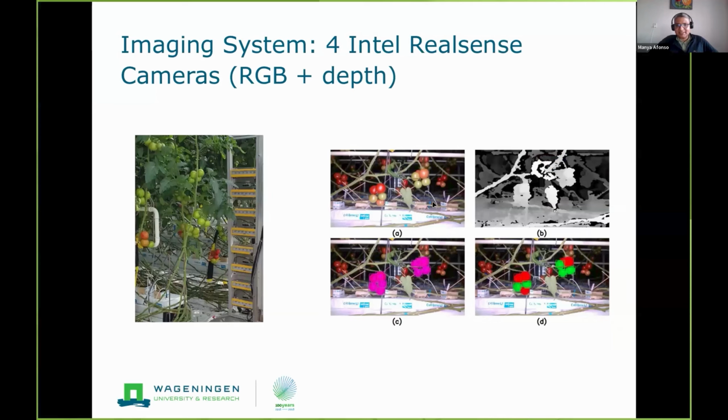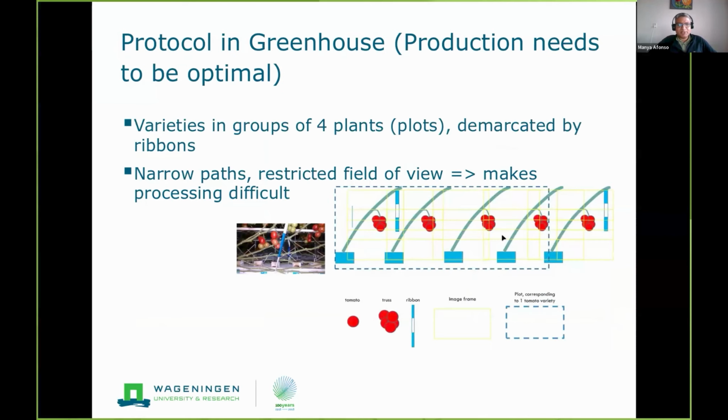So we have the RGB and depth images, and here a couple of examples of the annotated ground truth. In this case, we want the foreground fruits, and for the single class, or with the 2 ripeness classes, whether it's ripe or unripe.